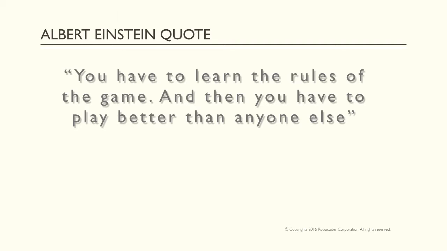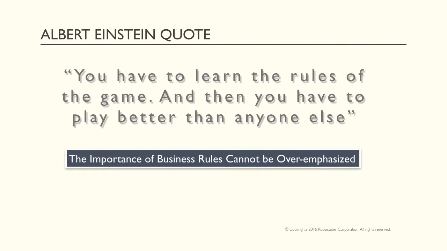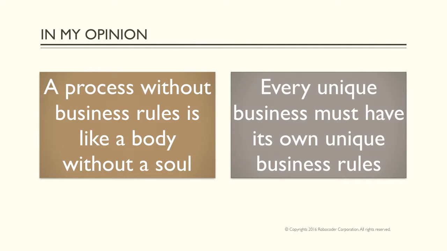The importance of business rules cannot be overemphasized. In my opinion, a process without business rules is like a body without a soul. Every unique business must have its own unique business rules. Therefore, it is essential to describe the process with its business rules along the way.